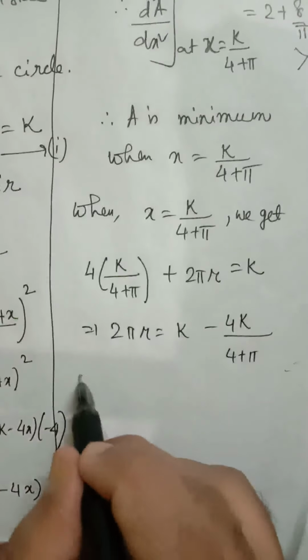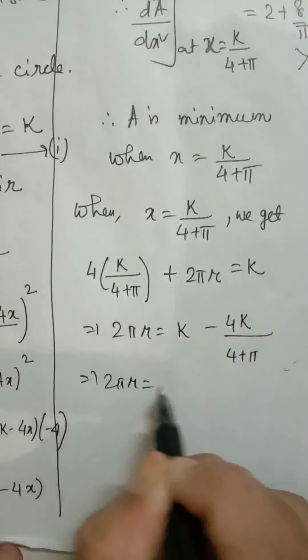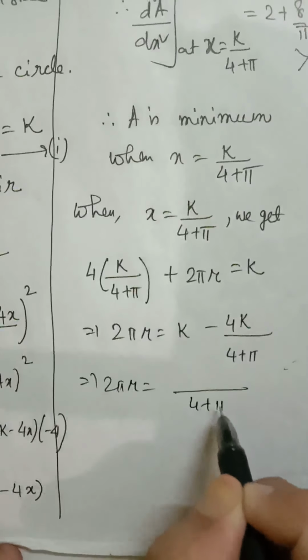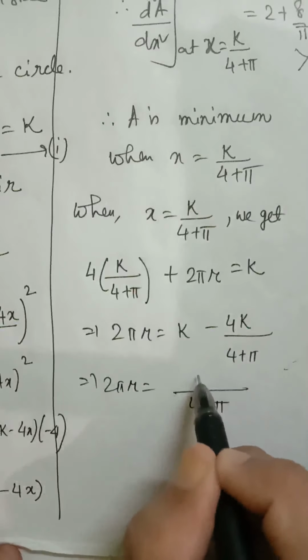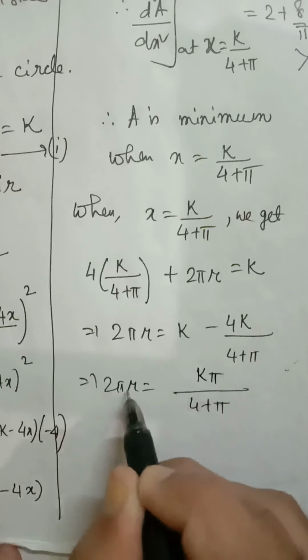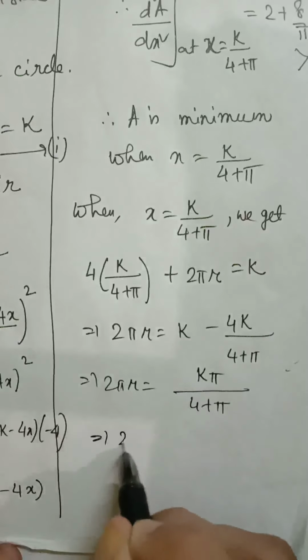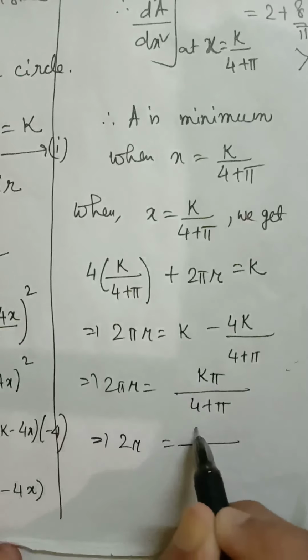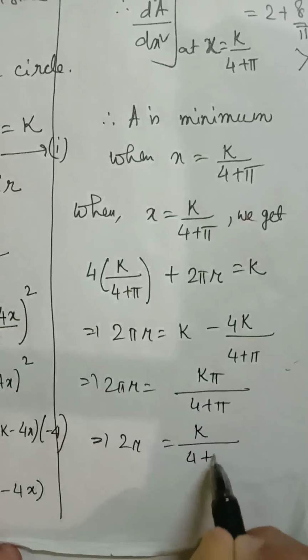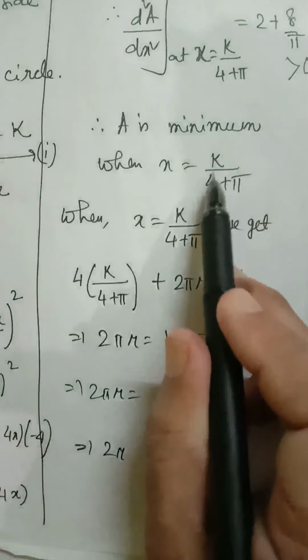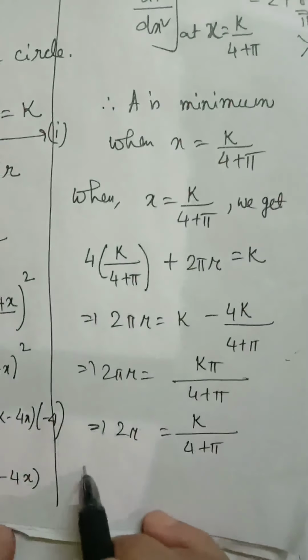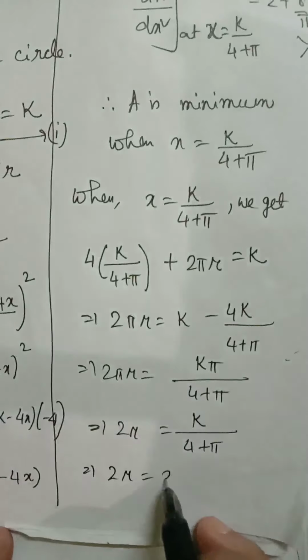From this we will get 2 pi r equal to, (4 plus pi) will be our LCM, numerator will be k pi. Cancelling pi we will get twice r equal to k by (4 plus pi), and you can see k by (4 plus pi) is x, so twice r equal to x.